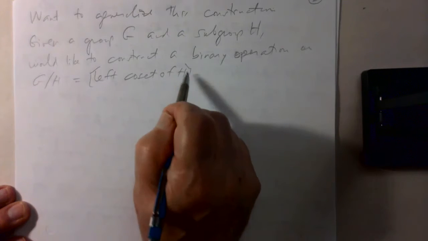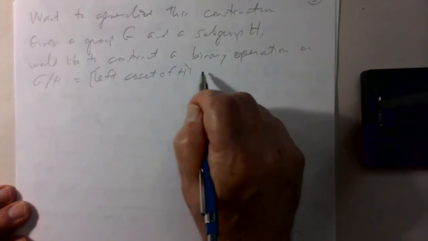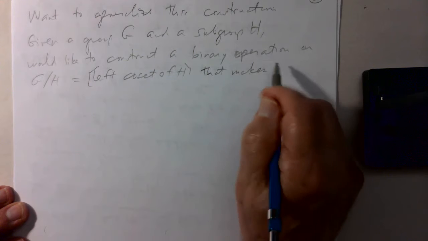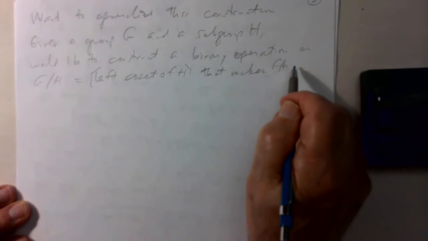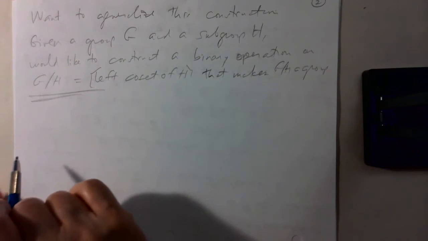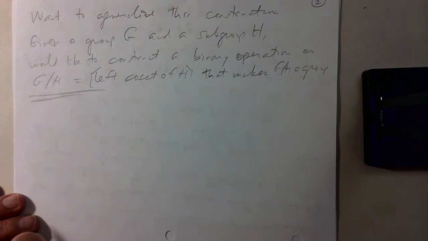So this is the set of left cosets of H that makes the set of left cosets a group. And the problem is you can't always do this.